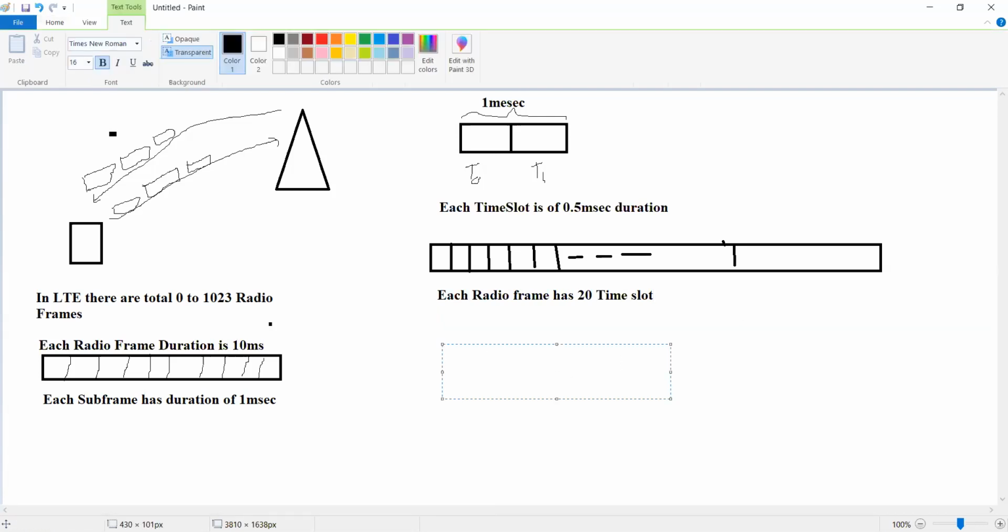In case of 3G, the total number of time slots was 15.